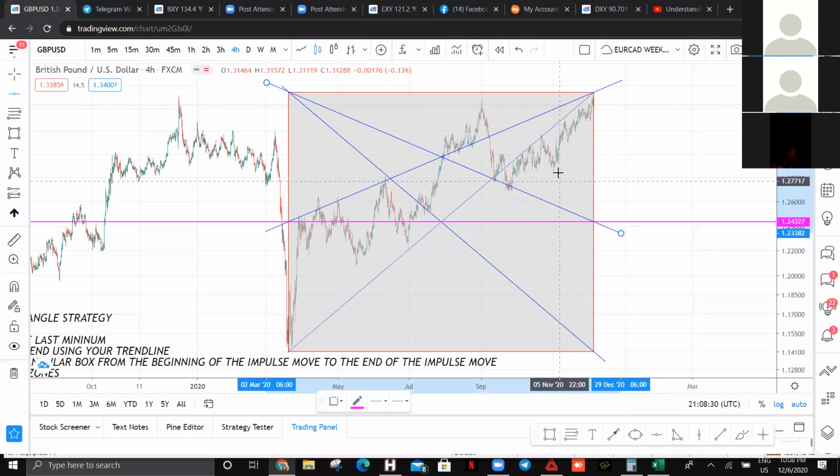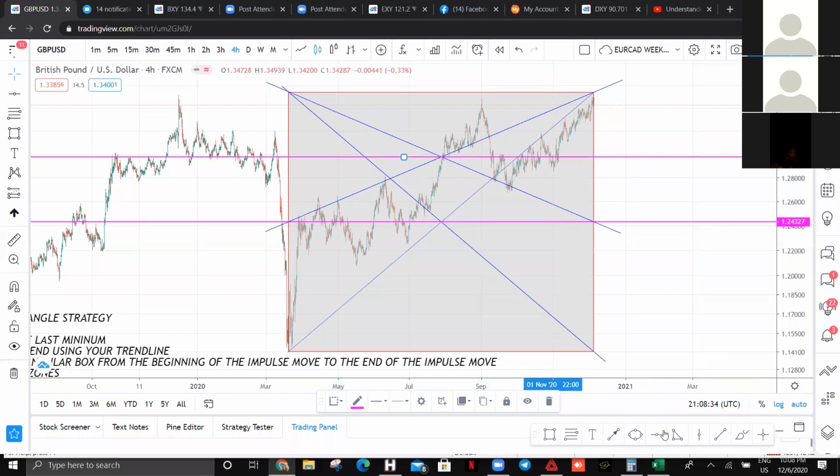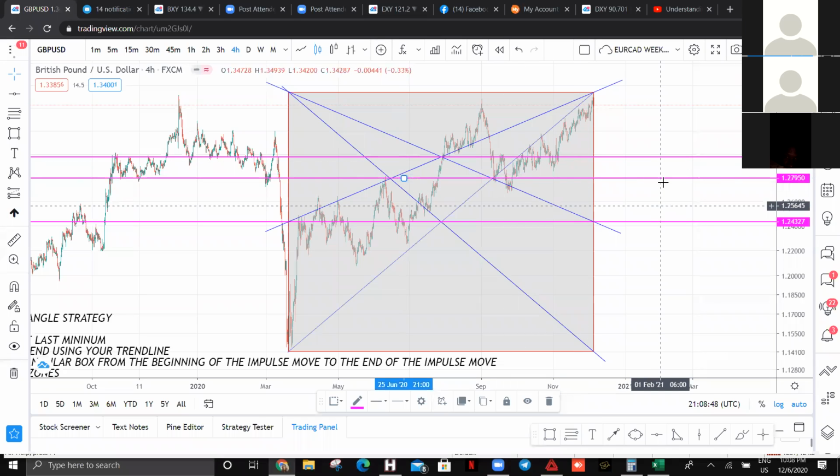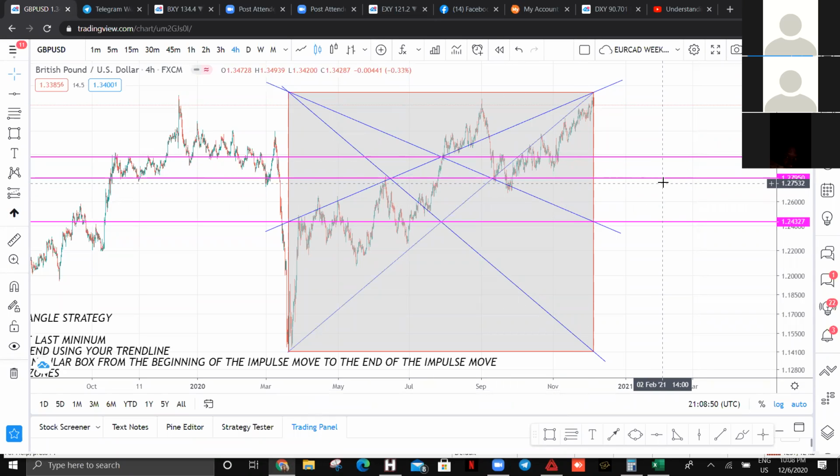You pick a horizontal line. Here, you pick another horizontal line and you do what? Intersection. You see where I'm putting my horizontal line in between the intersection of where the crossing of our trend line is. Now, can you see how price respected?